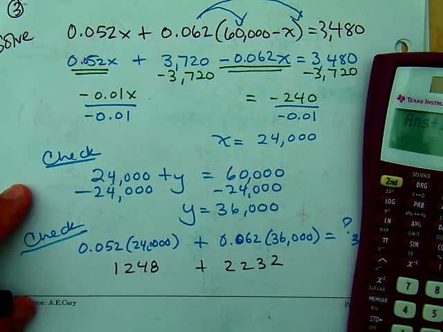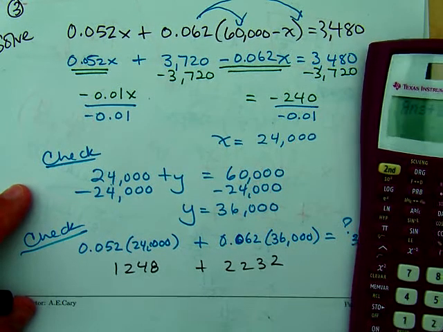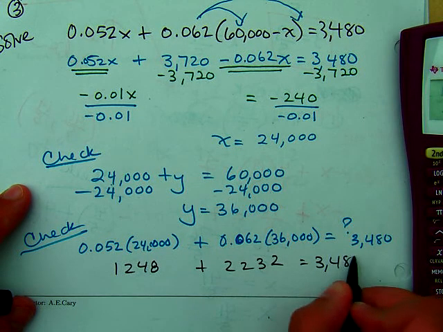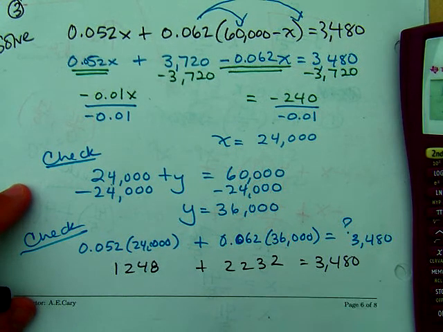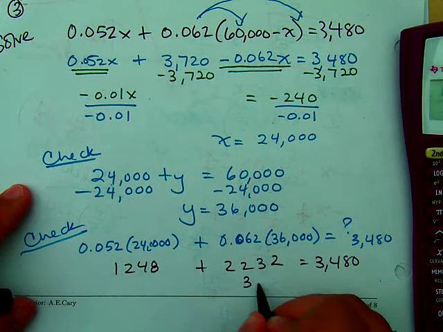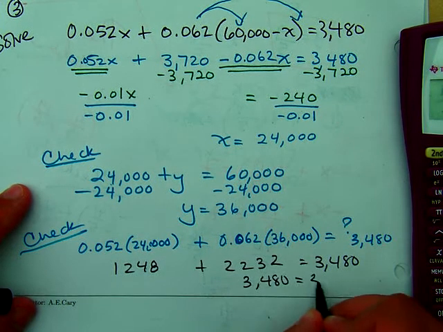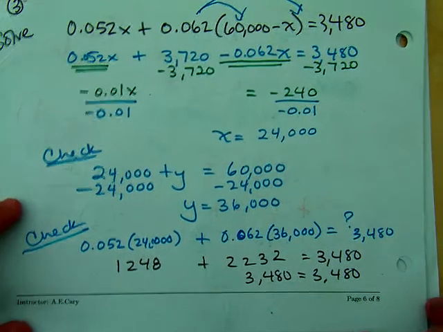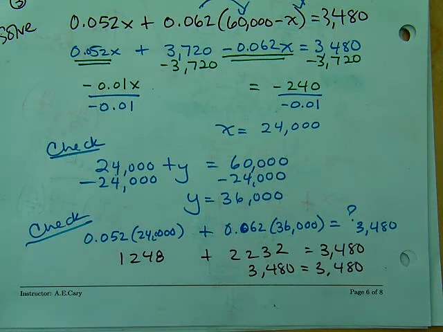Add those two numbers together, and yes, isn't it great when it comes out? 3,480. So that worked out. 3,480 equals 3,480. So that means the final step is our sentence answer. You did all this work. Now claim it.